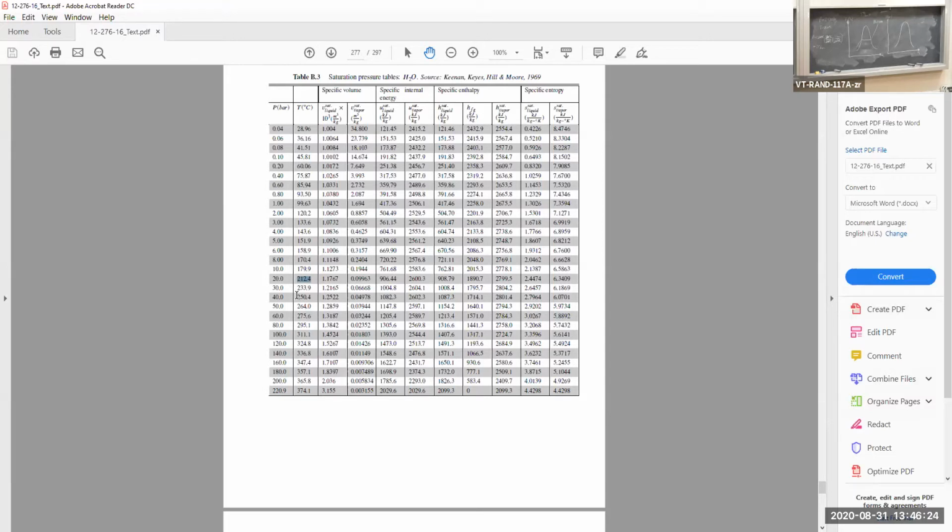So let's see here. I have 233.9 plus 212.4, and I'm going to divide that by 2, and I get 223.15 degrees C. That's from just doing a simple interpolation.